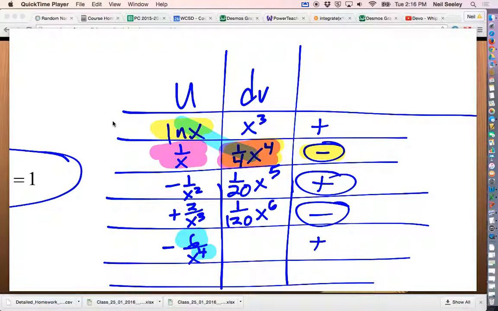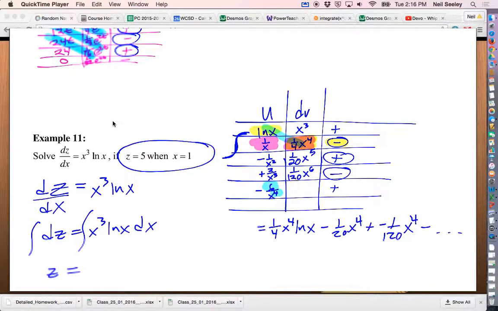So for the tabular method, if you do one diagonal product, tack on the minus sign afterward, and then just integrate the row where you stopped, that's actually one iteration of regular old integration by parts.